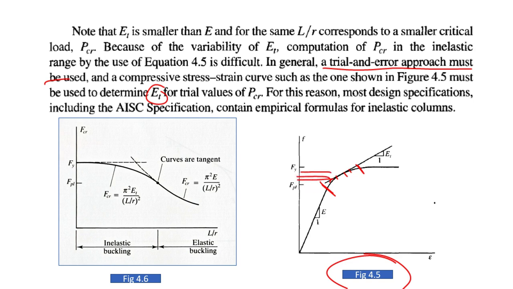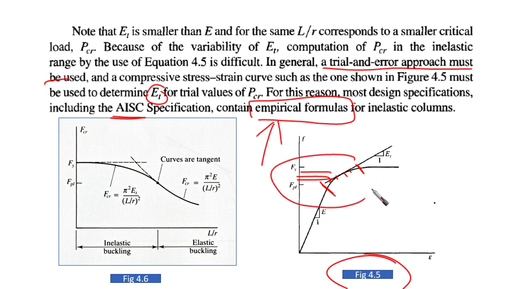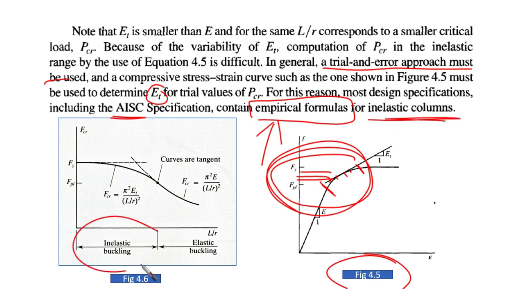For this reason, most design specifications, including the AISC specification, contain empirical formulas. This is the main reason you are going to see empirical formulas in the next slides: because we cannot calculate it accurately. It is a little bit difficult and needs a trial and error approach, especially for inelastic columns. We are talking about the inelastic part here, starting from here. That's very nice.